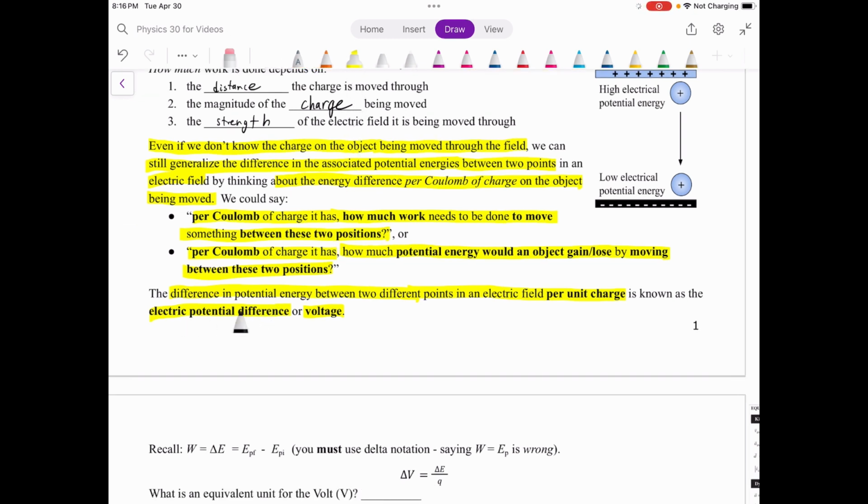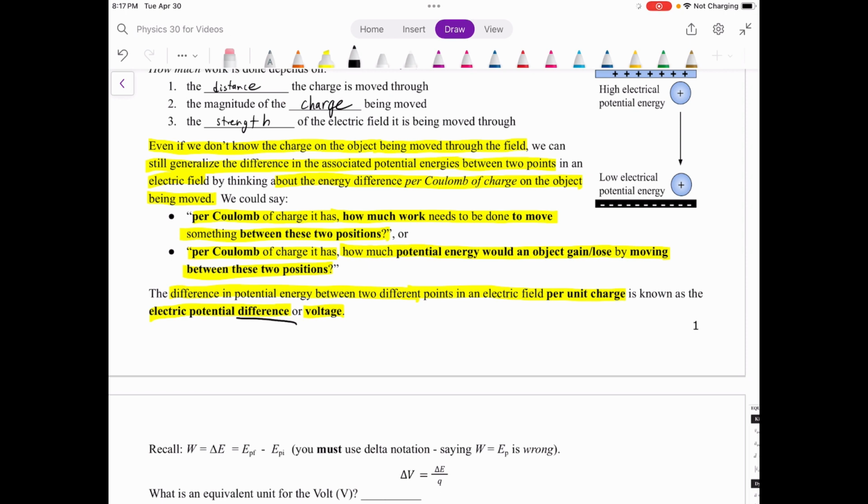This name is actually kind of a better name, and I wish we used that, but voltage is what's commonly used on packages for batteries and stuff. But electric potential difference tells you so much more about what it is. It's the difference in electric potential energy between two positions. It is a difference, it is fundamentally a comparison. It's saying what's the difference in electric potential energy per coulomb of charge between these two positions.